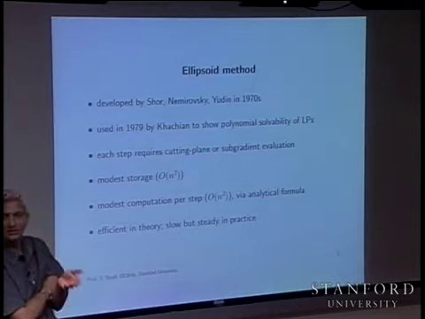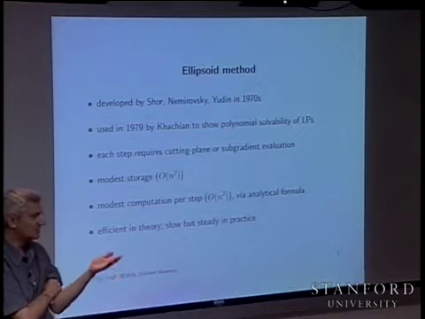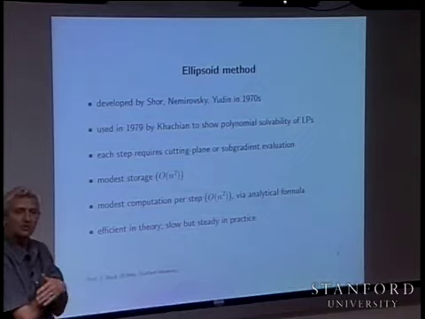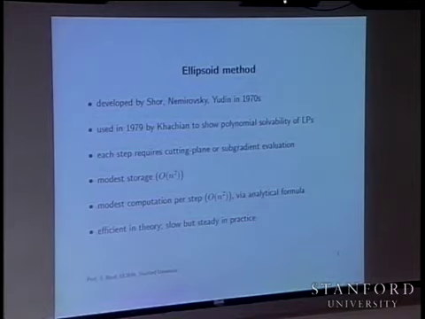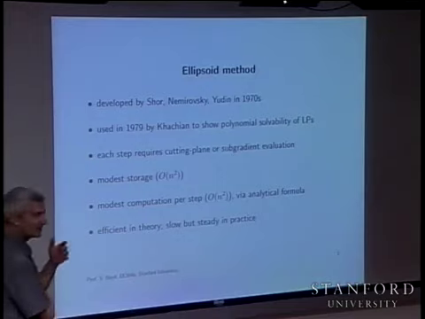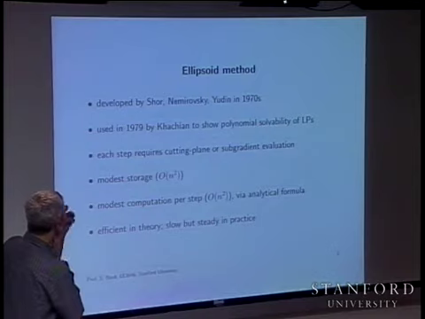That's all you need. The only state in that algorithm is the polyhedron, so your storage is like 6n squared. Your update cost is n cubed, because it's the big dimension times the small one squared. You can make it faster with low rank updates, but that's another story. So it has modest storage.